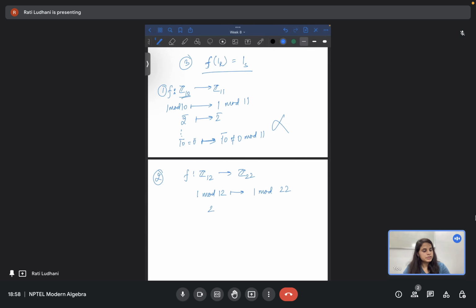So this implies 2 bar. If I am writing this side, 2 bar means 2 mod 12, and this side, it means 2 mod 22. Clearly you see that this is a smaller value, so that should create a problem.